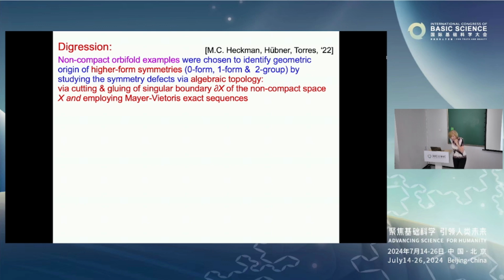Actually, we studied those orbifolds more directly by using hands-on algebraic topology techniques. What we did was cut and glue singularities on the boundary of these orbifolds and employ Mayer-Vietoris sequences to determine what the actually genuine one-form symmetry, torsional Z2 symmetry, is, and whether there is some interplay there.